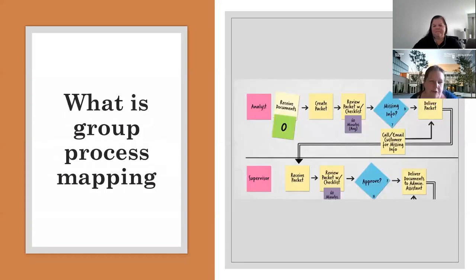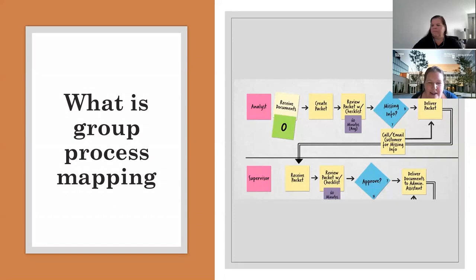So what is group process mapping? In person, generally it involves a giant whiteboard, and every group's mapping all of the steps that happen from the first time that they see a client all the way until the end of their engagement. Here's a sample of what a process map tends to look like.